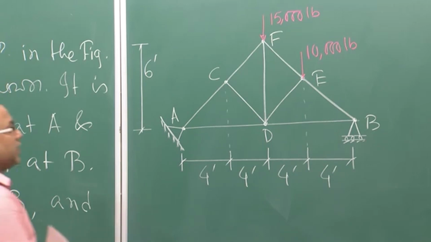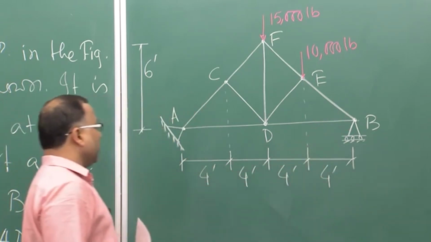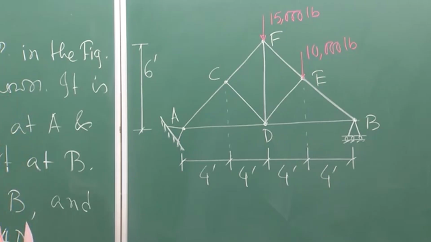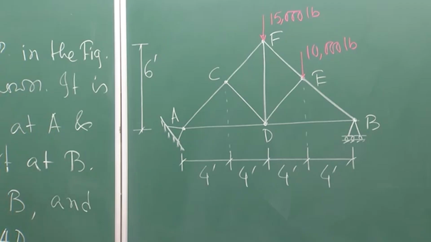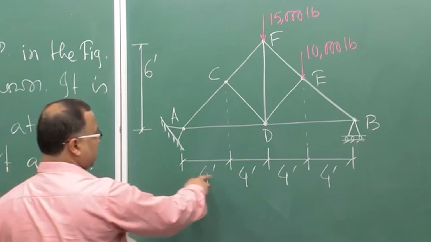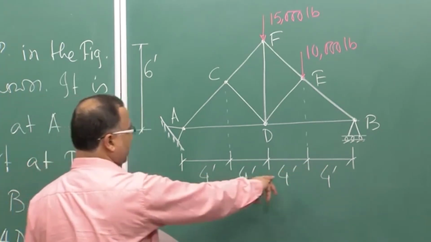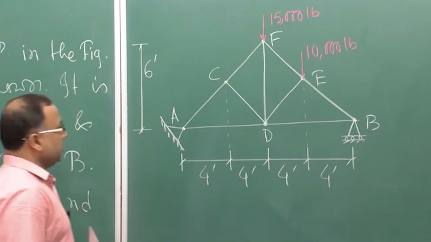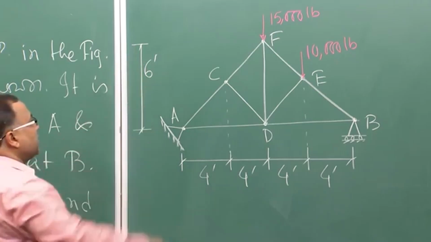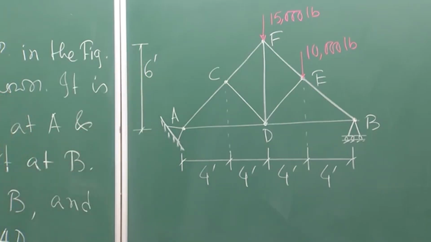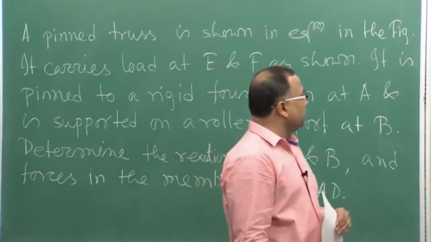The other is the roller support at B. The externally applied forces are 15,000 pound at joint F and 10,000 pound at joint E. The distances are 4 feet, 4 feet, 4 feet and 4 feet horizontally, and the vertical height of the truss is 6 feet.